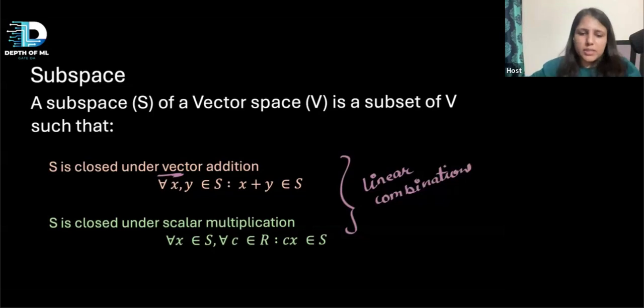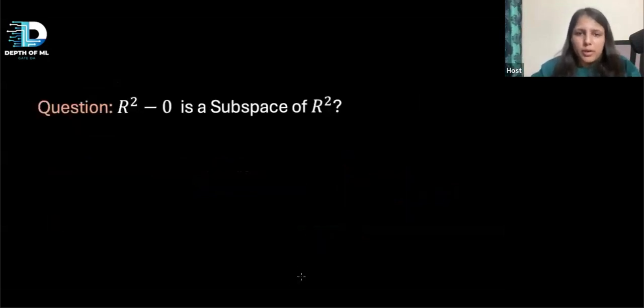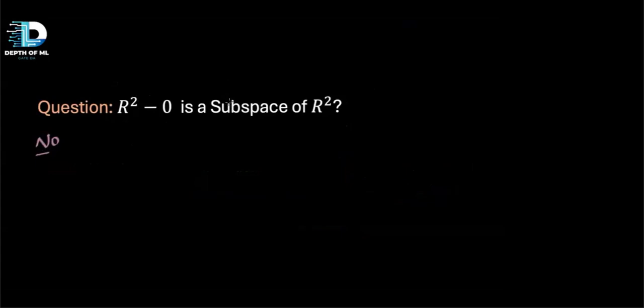Fine, so we looked at the subspace. Now tell me, if I remove the zero vector from R2, is this a subspace of R2? Why is that? I have one answer, no. Please tell me the explanation also why it's not a subspace. The additive identity is missing, so it fails to become a vector space.